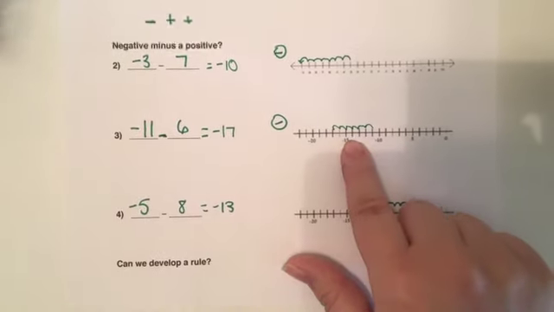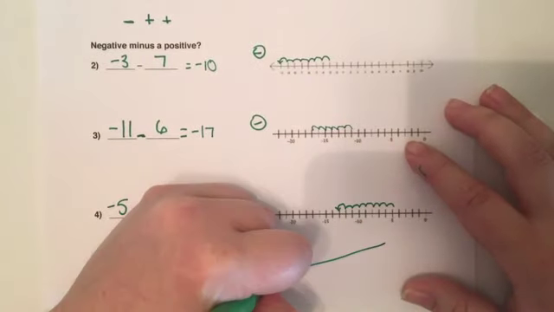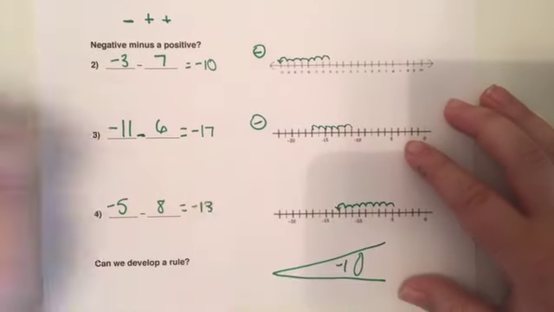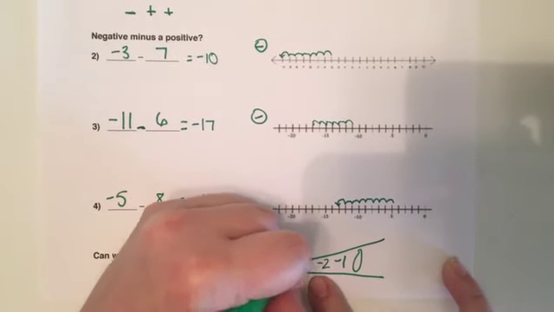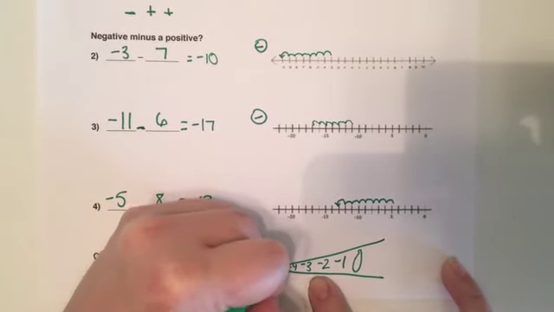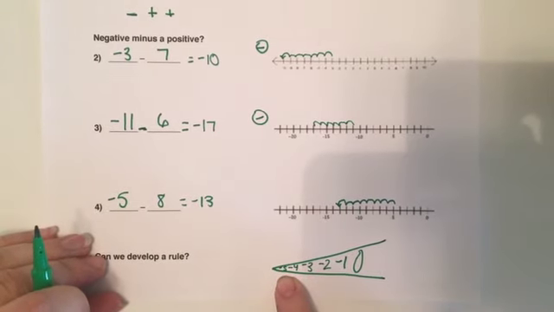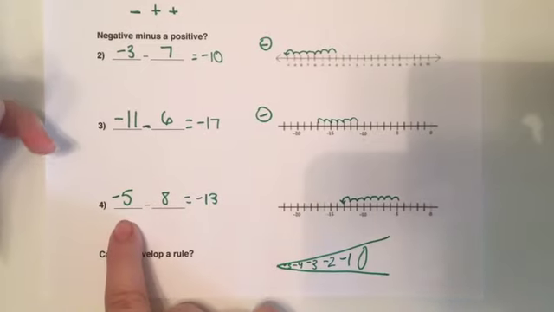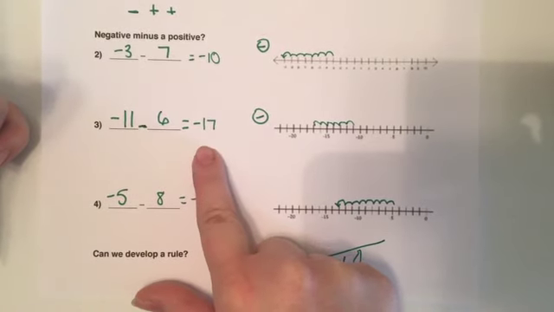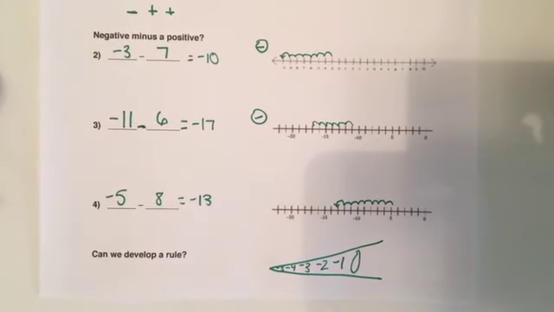Because remember, on our number line, the larger the digit gets in the negative number, the smaller the value is. So in this case, -13 is actually smaller than -5, and -17 is smaller than -11.